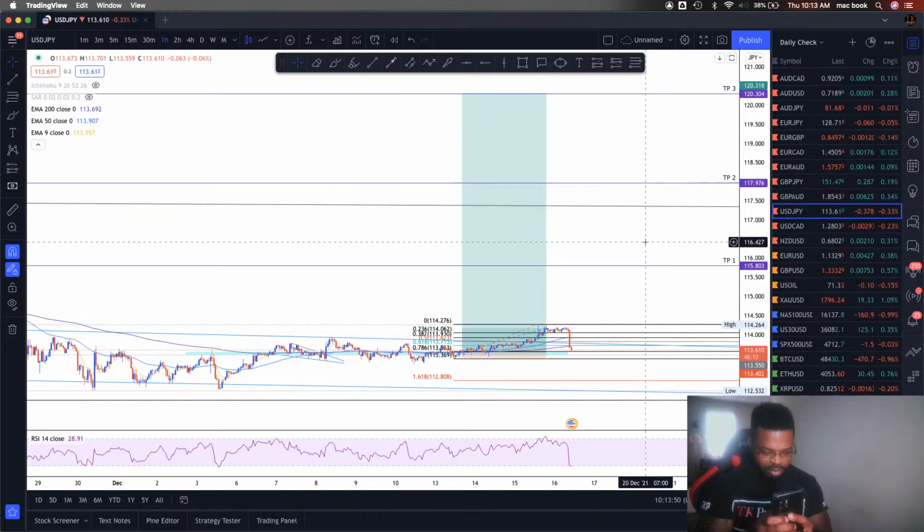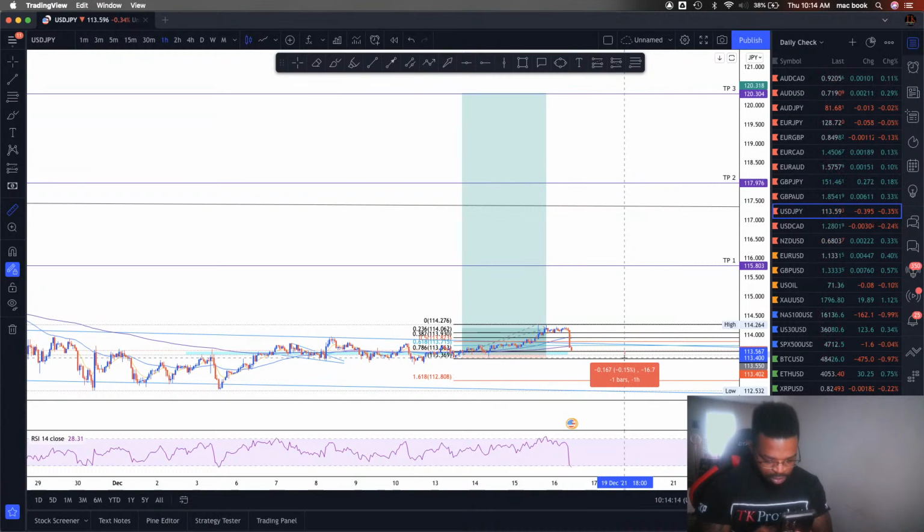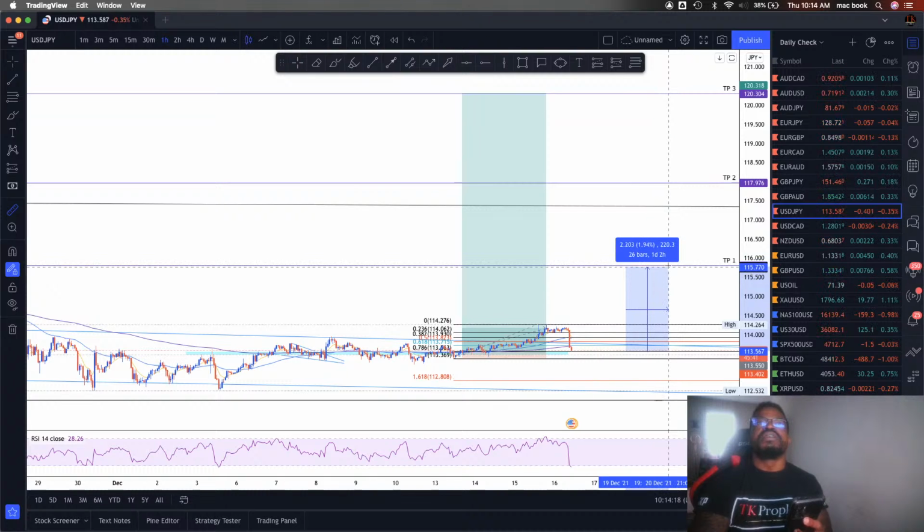Let's see the pip count. We are risking, what did I say? I think it was like 15 pips. We moved it. Yeah, so we're risking 16 pips for the first TP, which is 225 pips.